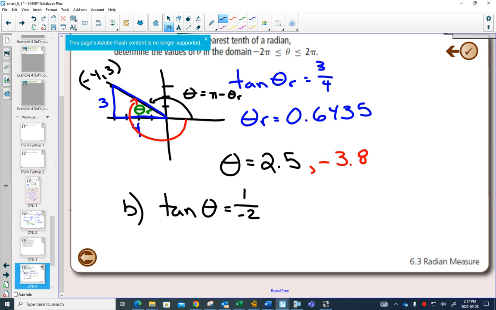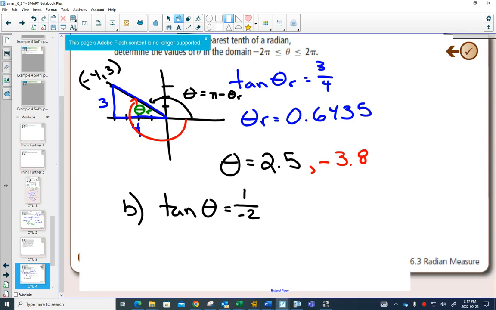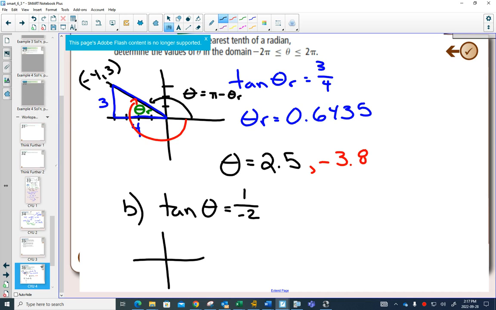Tan is negative in quadrant 2 and quadrant 4. If I draw it in quadrant 2, tangent is opposite over adjacent. Here's my reference angle. If I draw it in quadrant 4, I'd go back up. My opposite would be 1. My adjacent would be 2.